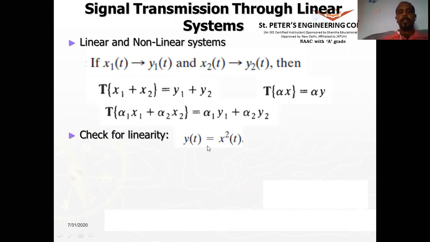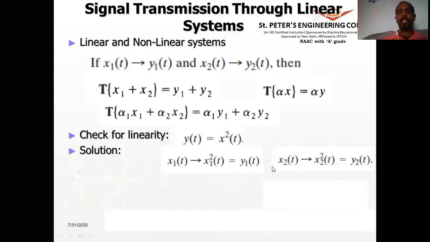So now let us give the first input x1 of t. If I give x1 of t, it just squares the first input and gives me the output y1 of t. Similarly, if I give the second input x2 of t, it squares the second input and gives me the output y2 of t.